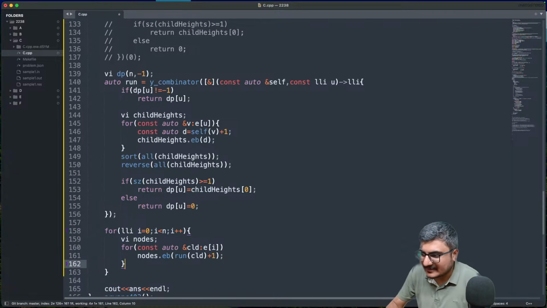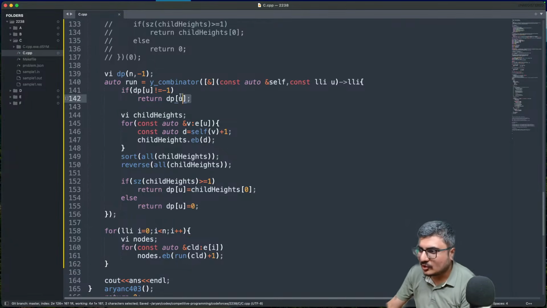This way, you can find maximum from all the nodes and then take maximum, second maximum, whatever you want. And you will realize that this is the same as doing the same thing with just one DFS above there. If you don't use recursive with memoization, then you will definitely get a TLE.